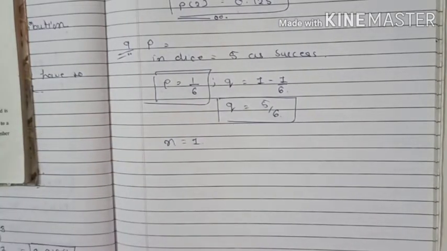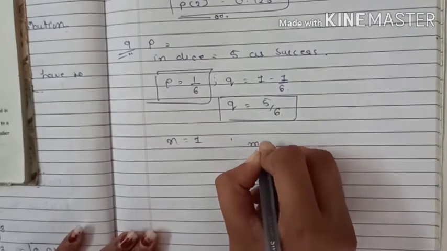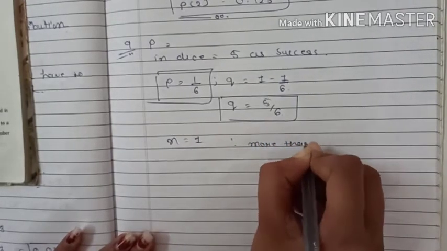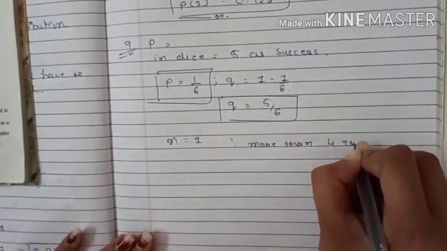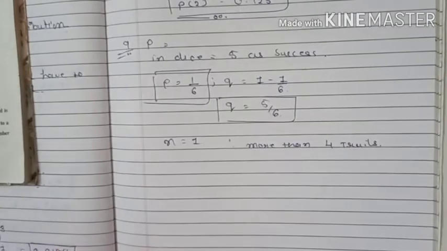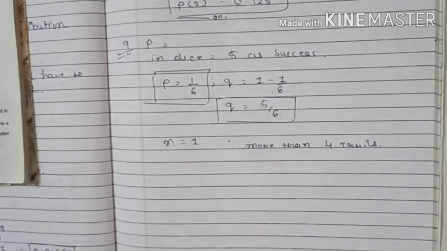Now we have to find the probability that more than 4 trials are required. Whenever a phrase like 'more than' some number comes, we have to make an equation.